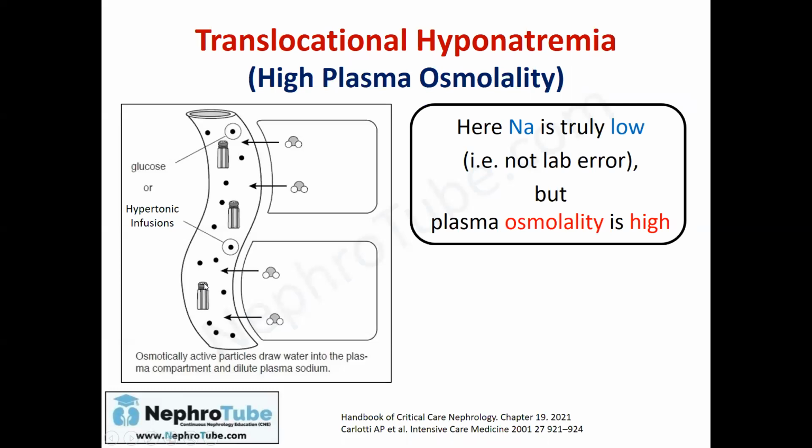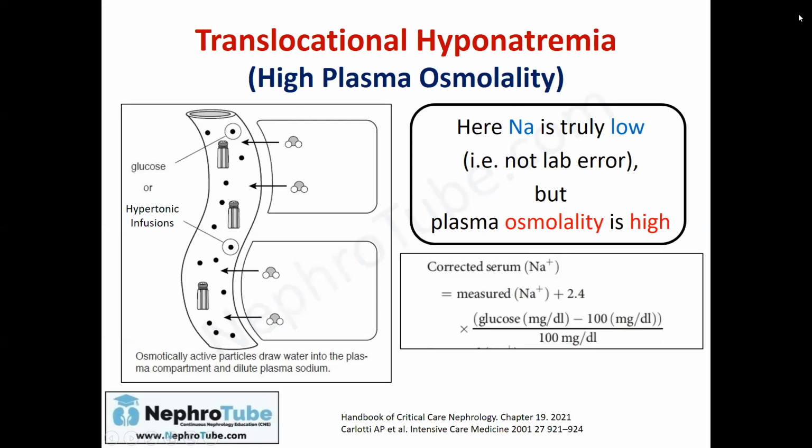So here sodium is truly low. It is not a lab error, but the osmolality is high due to the glucose or the hypertonic infusion. We can also use a corrected sodium equation here. There are two equations to get the adjusted sodium, to know in cases of hyperglycemia or hypertonic infusions whether the patient is really hyponatremic or not.